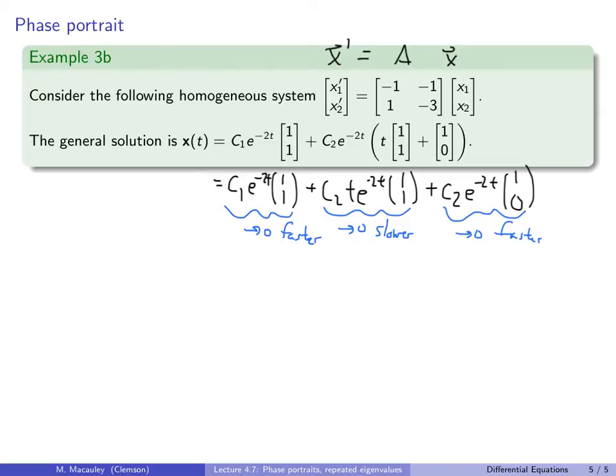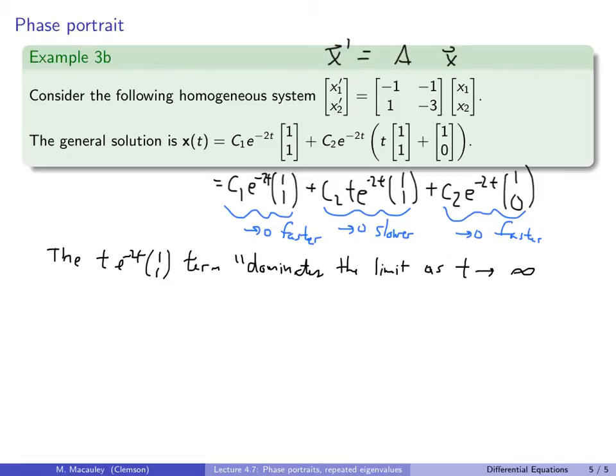Again, as t gets larger, the exponential gets smaller, but this t slows it down. So let me summarize: the t e to the minus 2t term, this term dominates the limit as t goes to infinity.